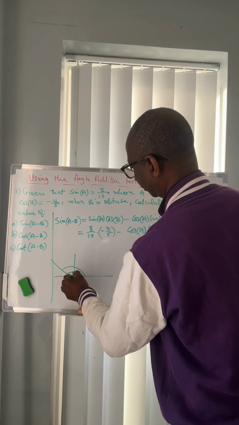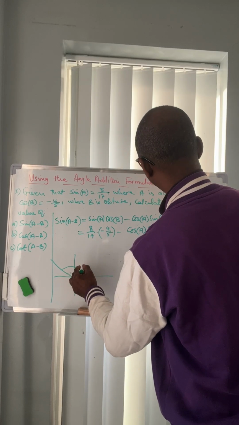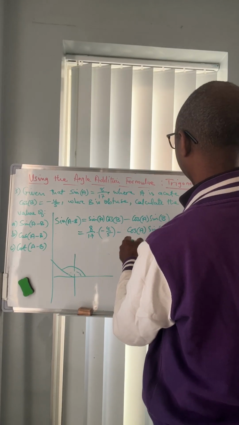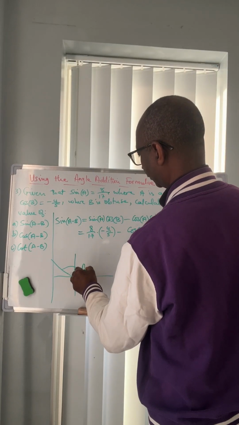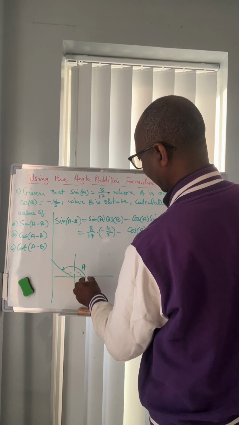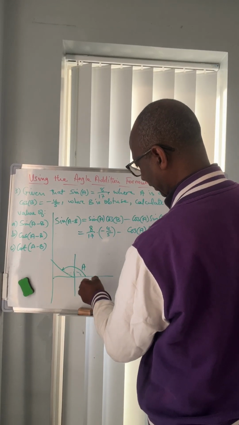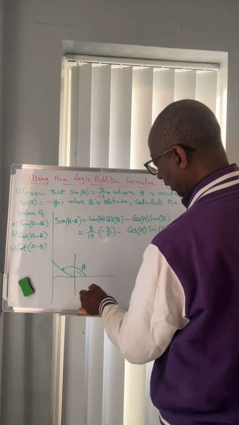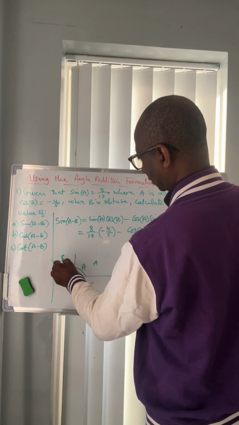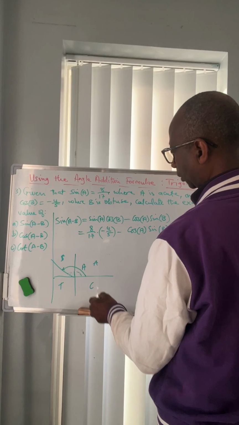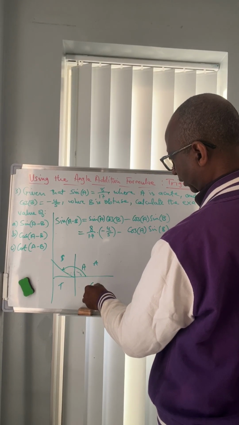Looking at our quadrants, C, A, S, T, we know that the cosine is positive in the fourth quadrant.